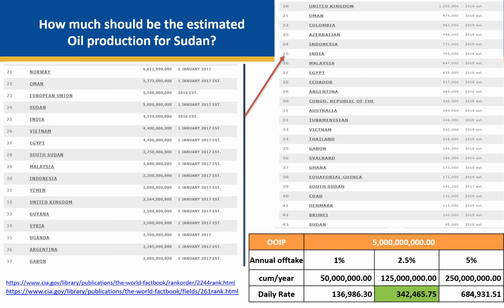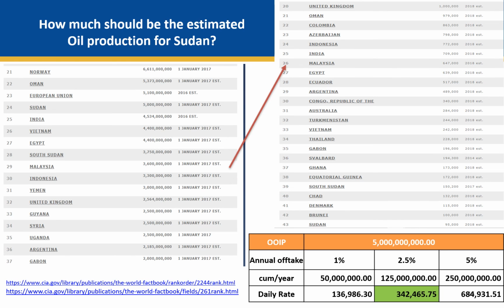Another example is India with 4.5 billion. The current production is more than 700 barrels per day. Another example is Indonesia with a lot of fields, with only 3.3 billion, but the production is also 772,000 barrels per day.